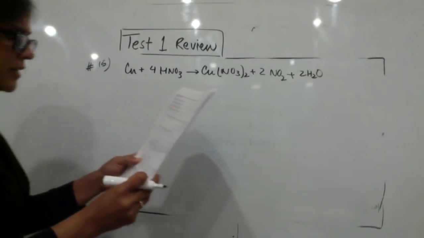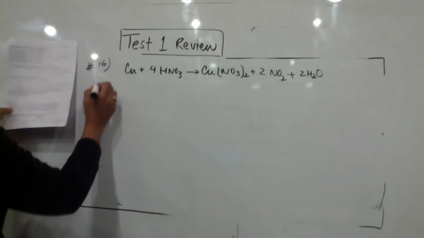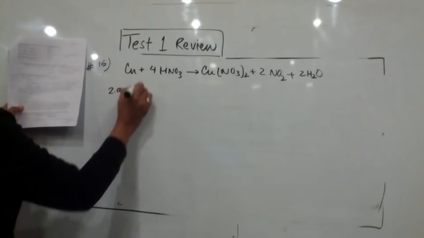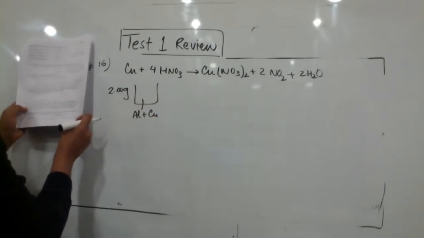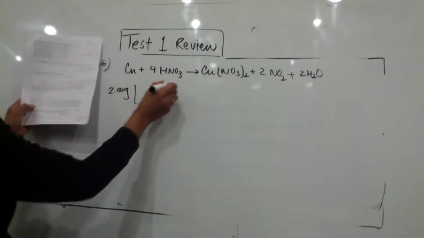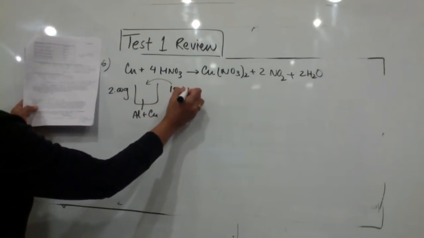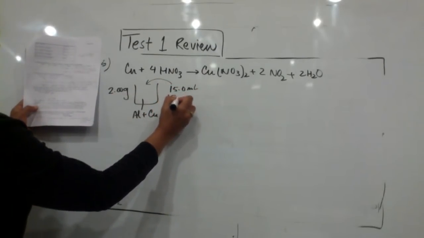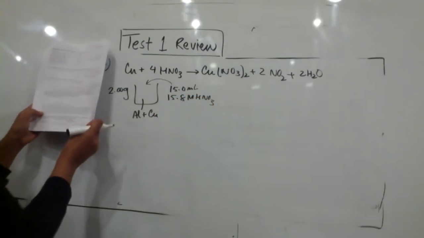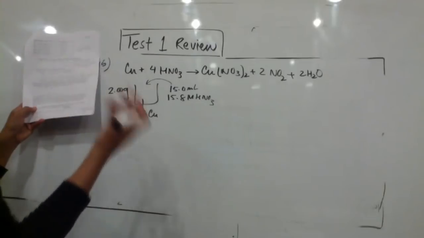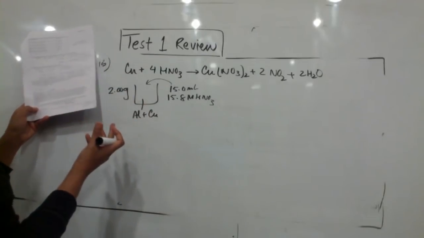Each student in a class placed a 2-gram mixture of aluminum plus copper in a beaker in a fume hood. Then they placed 15 mL of 15.8 molar HNO3 in the beakers. Then they allowed the reaction, and a brown gas came and copper ions were formed.